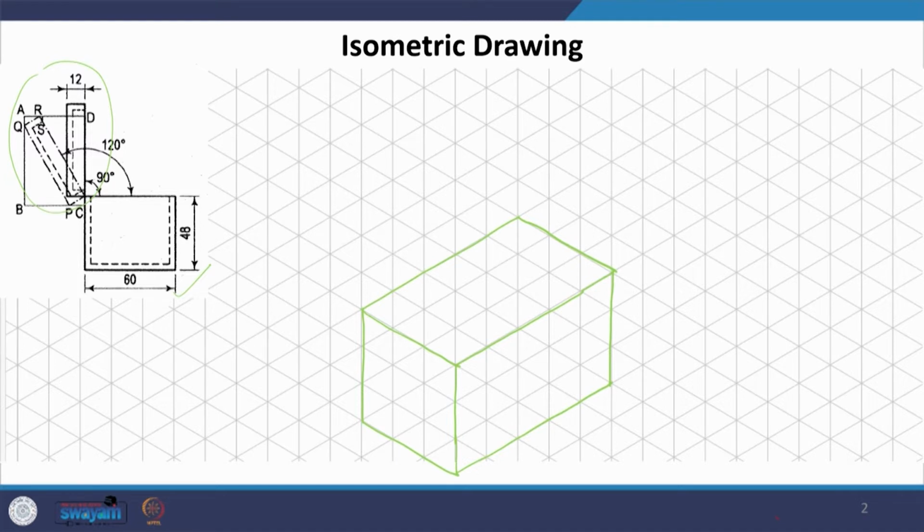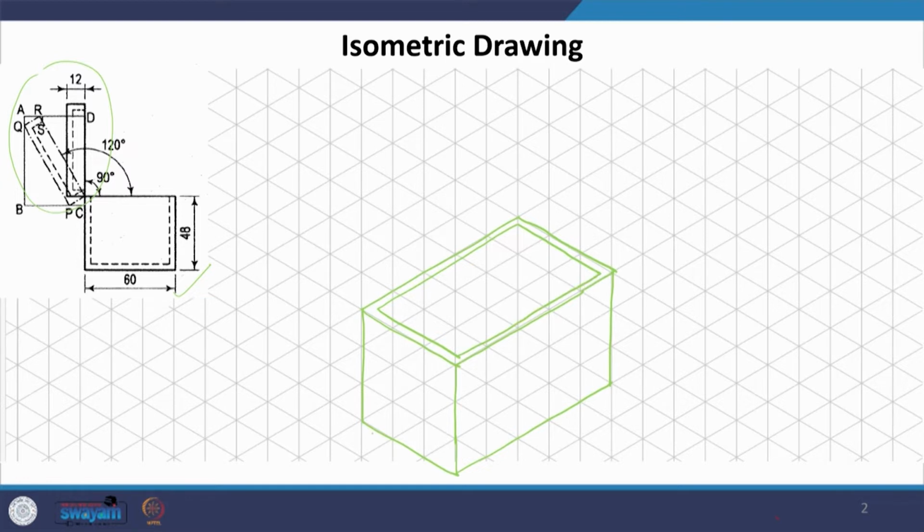When you draw, you will have to actually draw it in the same dimensions, same proportions as given. Now, we can see that there is a dotted line all over, which implies that there is a thickness to this box. So, it is not solid, it is hollow, and this is what it is.